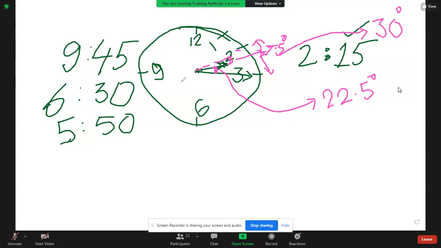From 30 degrees, it's 7.5 less. Why is it 7.5 less? Because it has moved 7.5 degrees in 15 minutes. Remember, the hour hand moves half a degree every minute. So in 15 minutes, it has moved 7.5 degrees. So the angle formed by the two hands is 22.5 degrees.